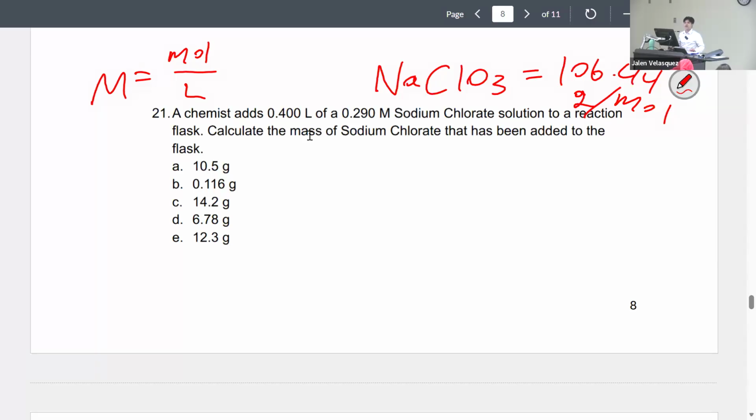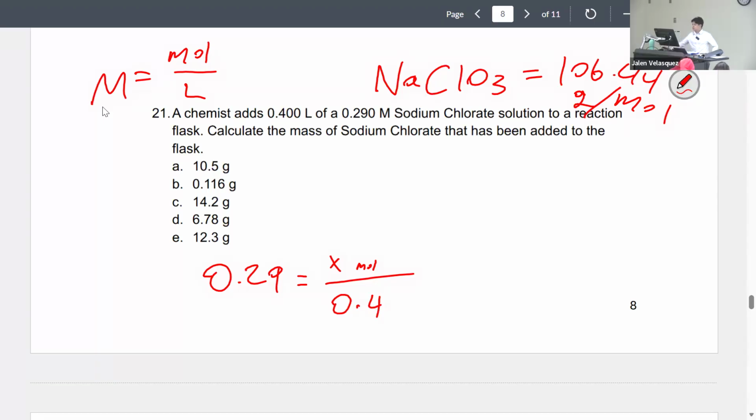Let's plug into the molarity equation and see what we have. We have the concentration, 0.29, equals the moles over liters. The moles we don't have, so that's x, divided by the liters, which we do have, 0.4.